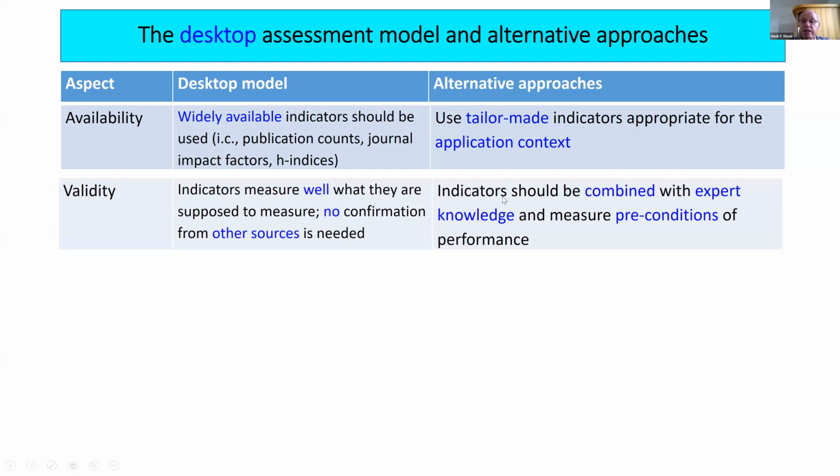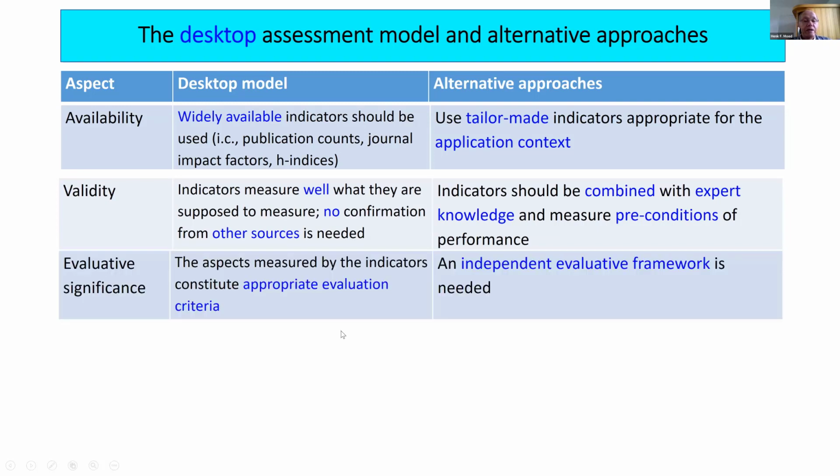Instead, you could say that indicators should be combined with other expert qualitative knowledge, and that they measure preconditions to performance at best and not performance itself. Then the aspects measured by the indicators constitute appropriate evaluation criteria.